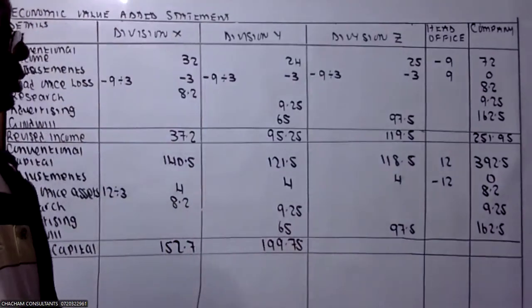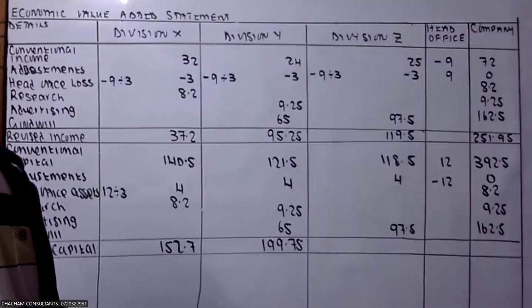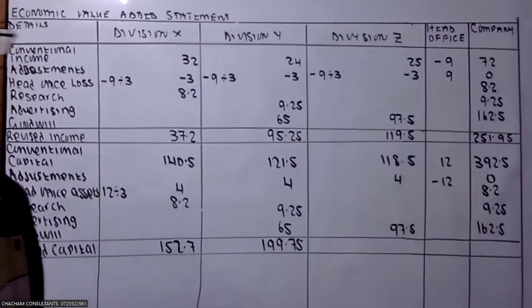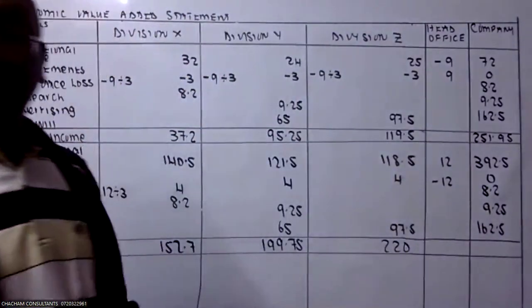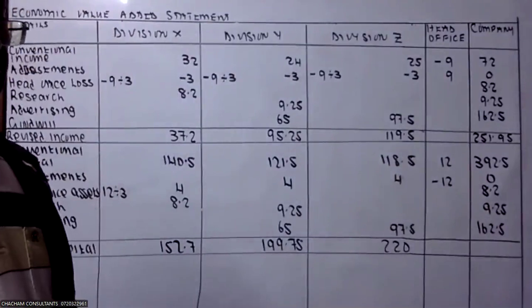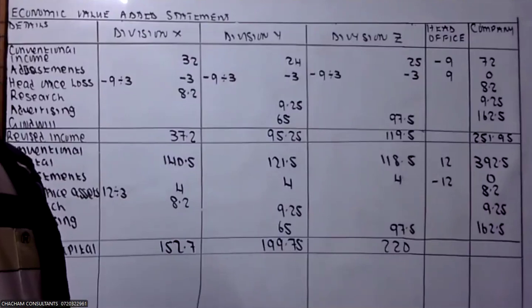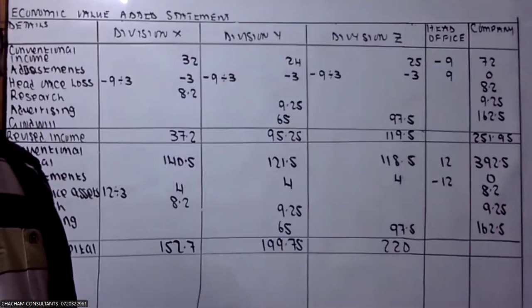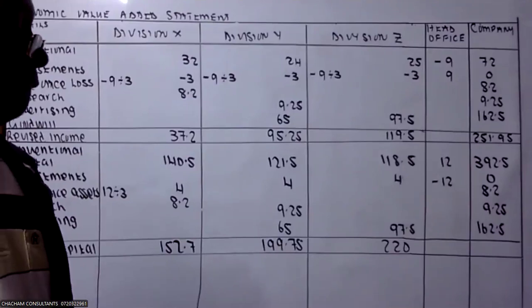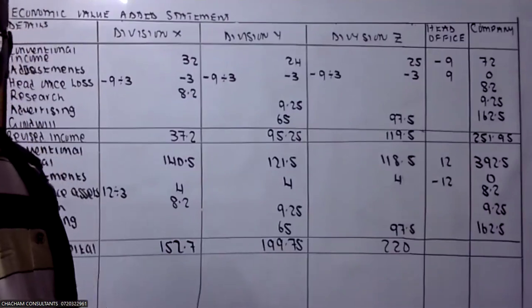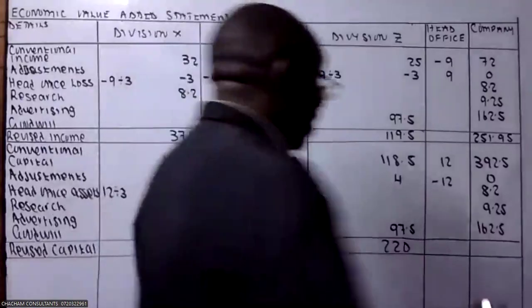The next, $220. The total huko, $572.45.